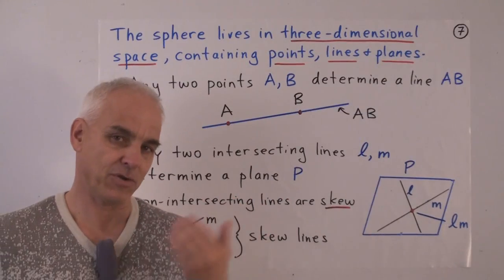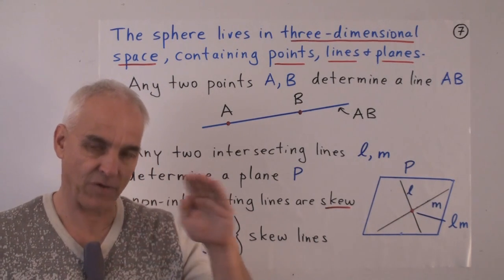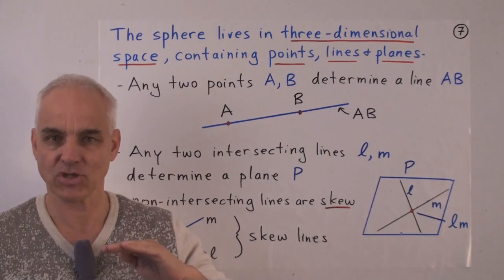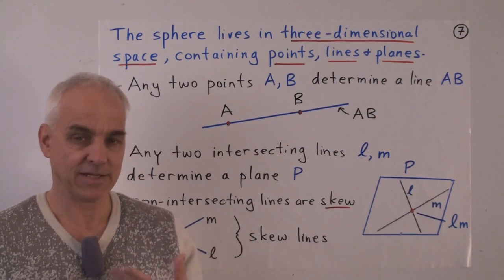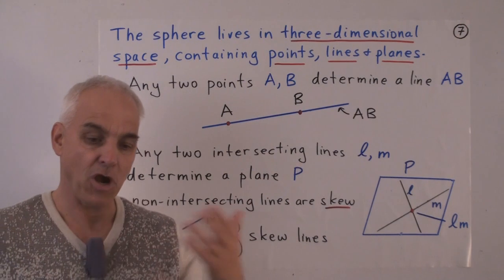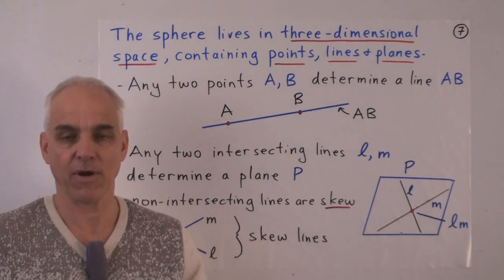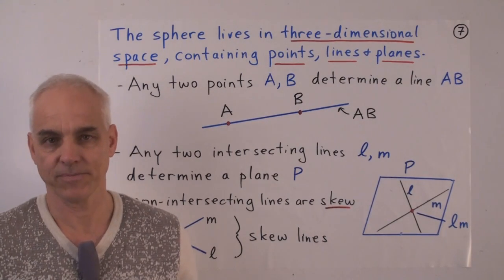While spherical geometry is essentially a 2-dimensional geometry, because the surface of the sphere is essentially 2-dimensional, it nevertheless is living inside this 3-dimensional space. And it's hard to ignore the geometry of the 3-dimensional space when we're talking about spherical geometry.